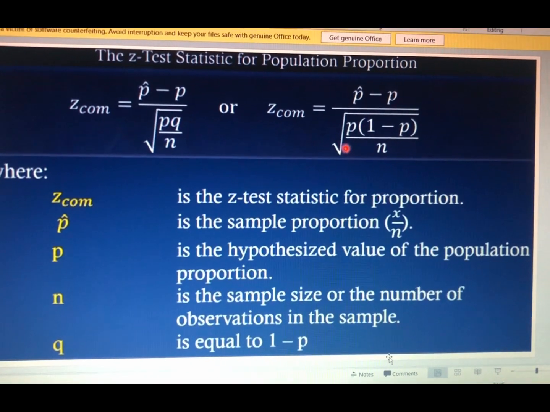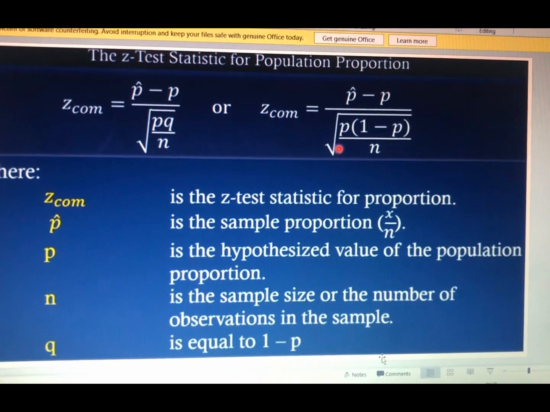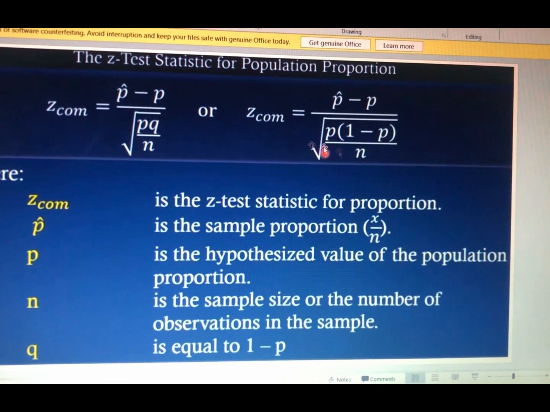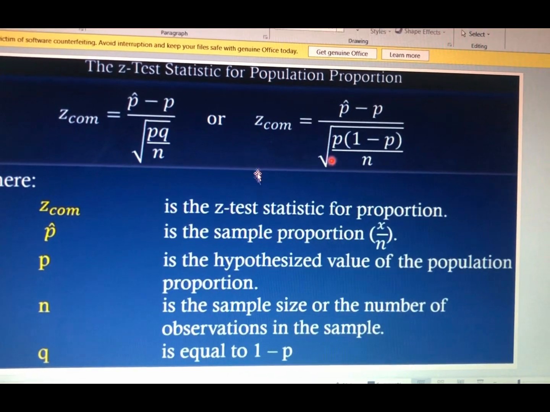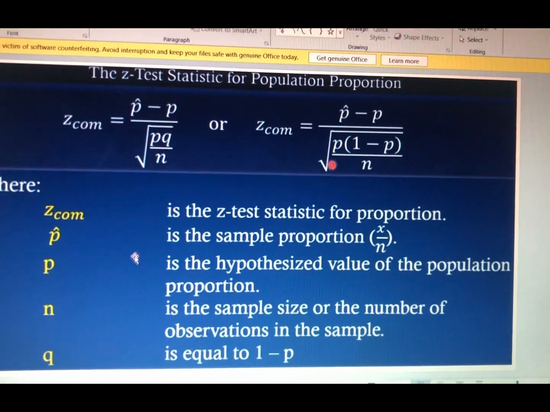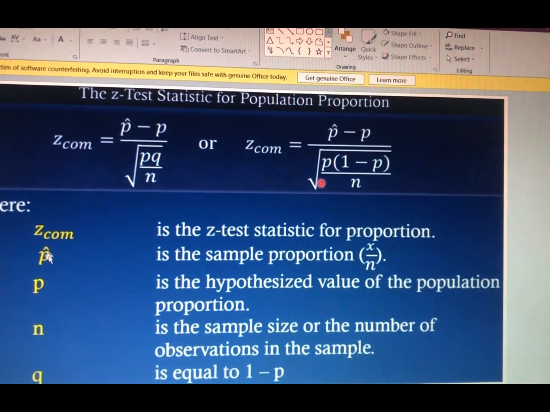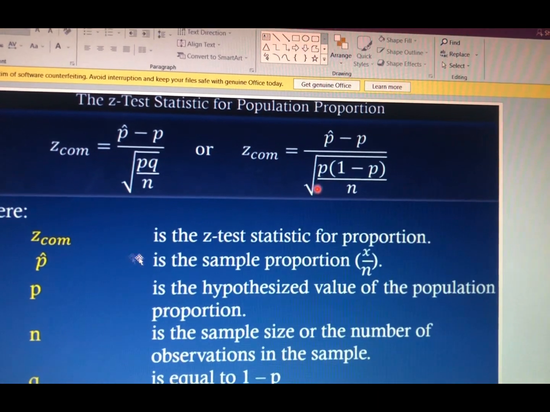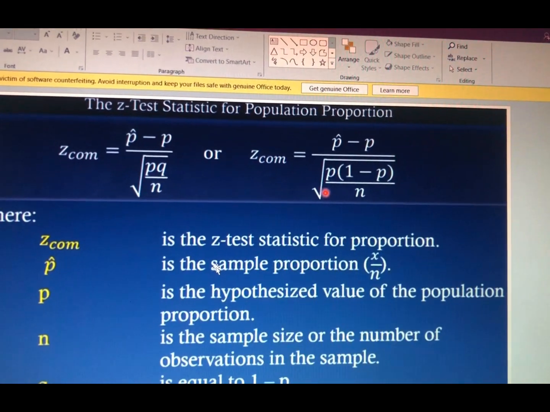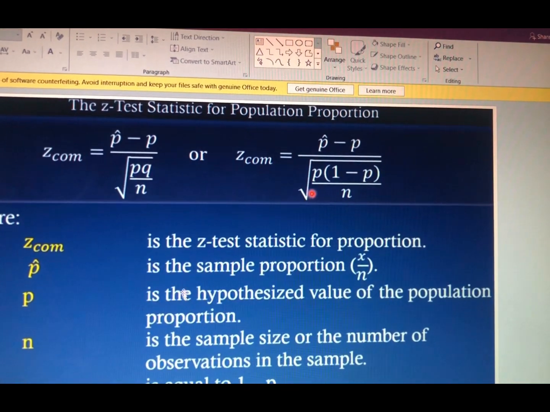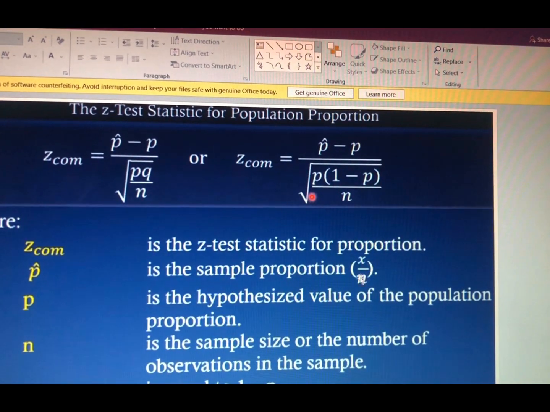So to compute the computed value, we're using the z-test using this formula. Where this is the z-test computed value, and this symbol is for sample proportion, kung saan nakakompute natin ang sample proportion by dividing x over n.